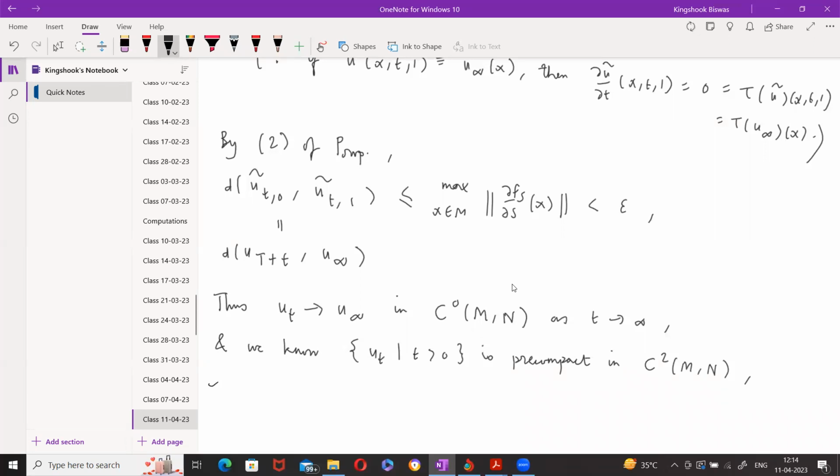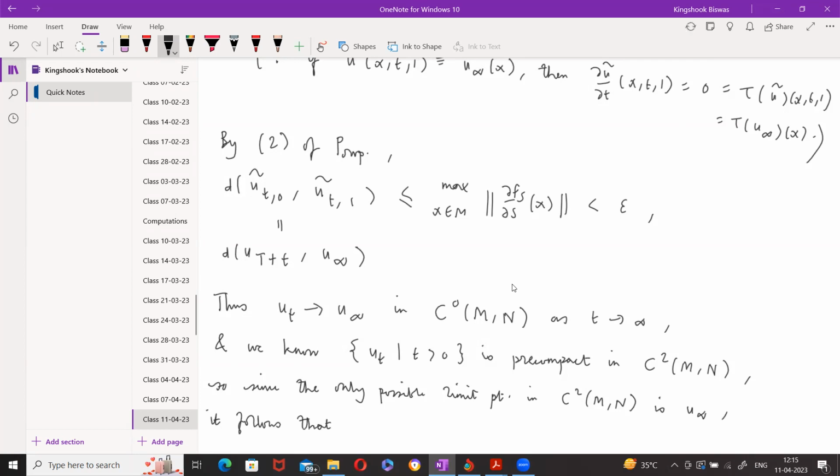So since the only possible limit point in C2 of M is u infinity, because the sequence converges uniformly to u infinity, it follows that the whole family converges in C2.